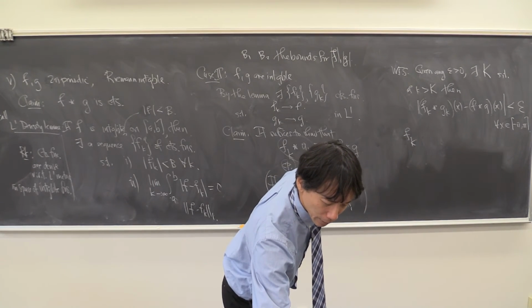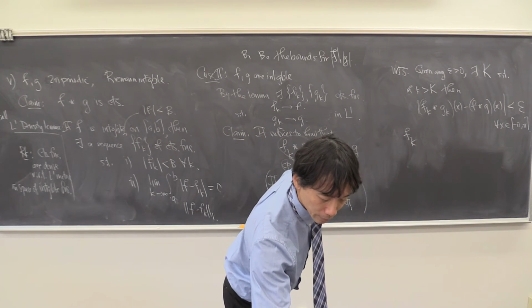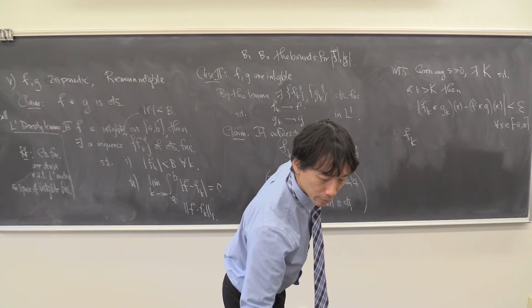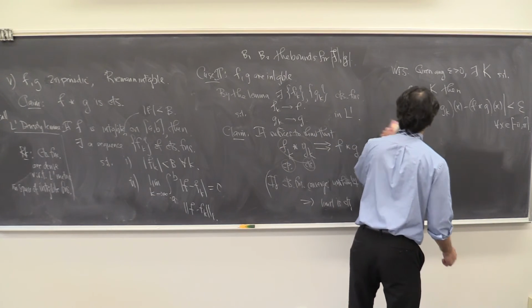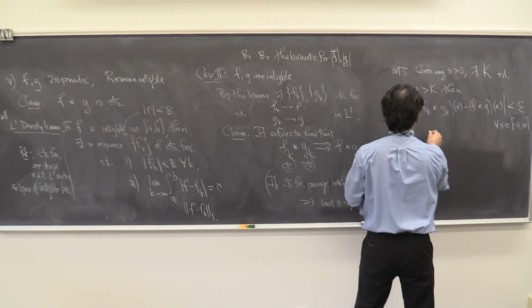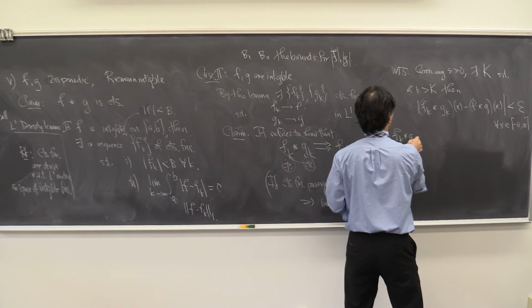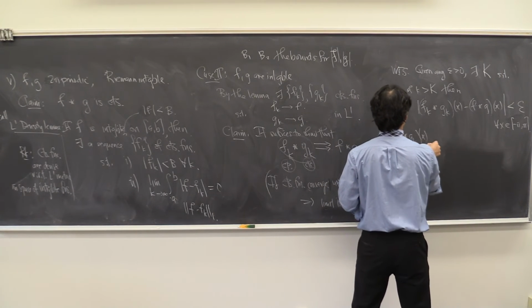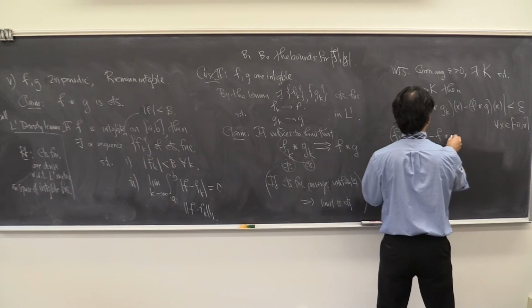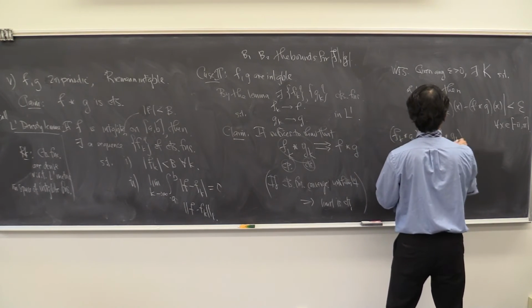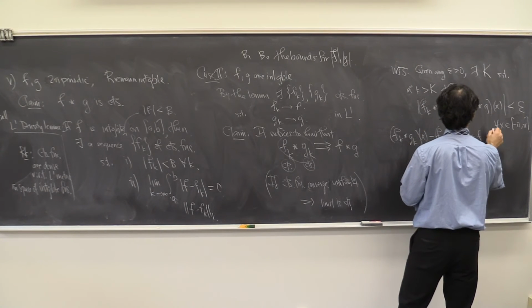Let me make sure that that's what they did. Anyway, whichever one it is, it's okay. Let's subtract off an f convolved with gk, and add on that same thing, f convolved with gk.